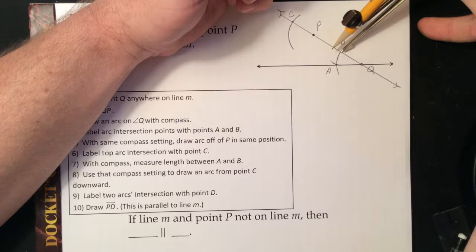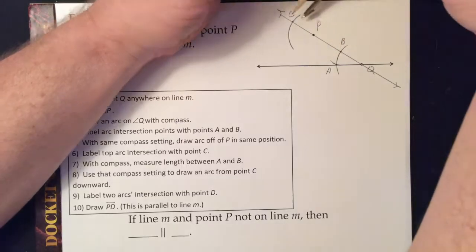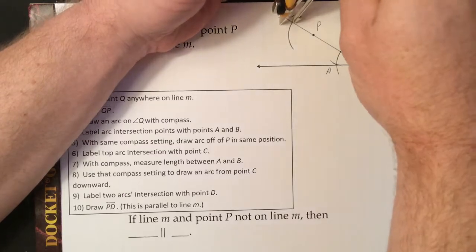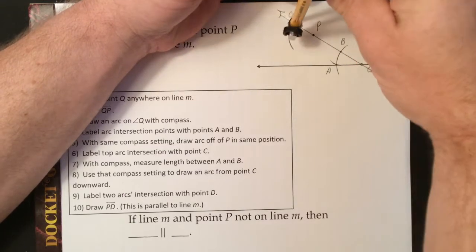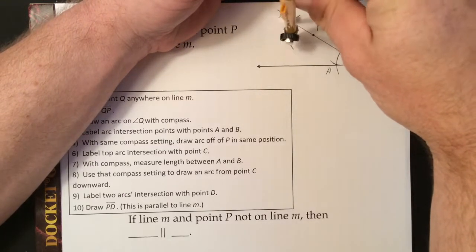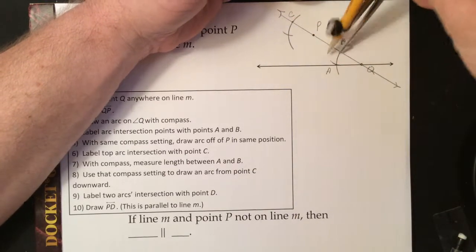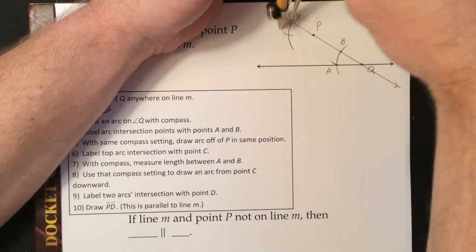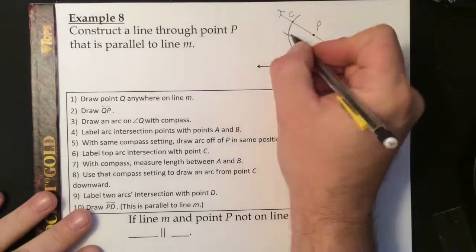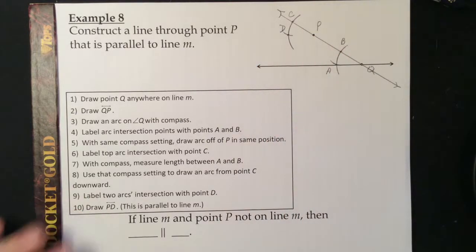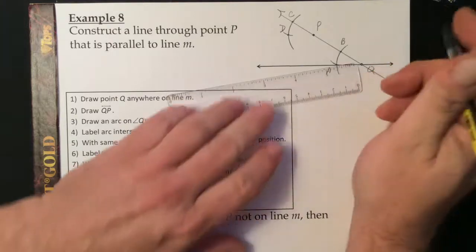draw an arc from point C downward. So we come all the way up here to C, put our point there, and we want to intersect, going downward, that other arc. Just like that. So we went from here to there. This point right here should be labeled D. Okay, and then draw line PD.